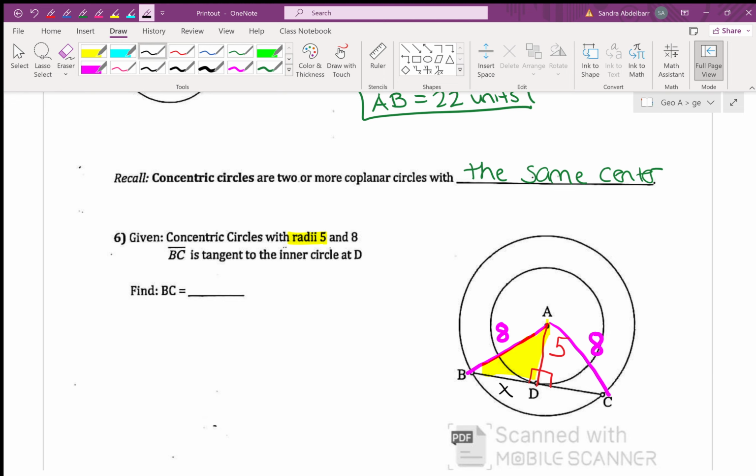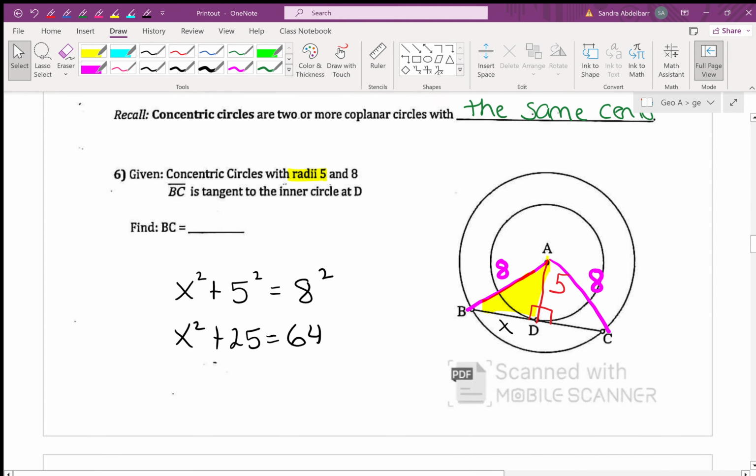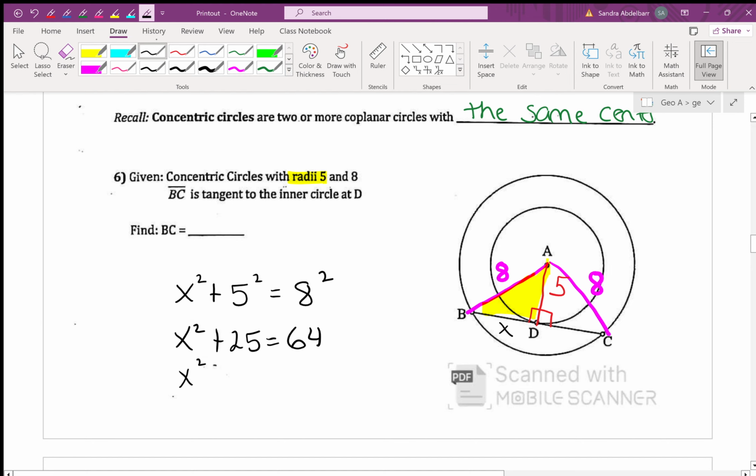Who can set up this Pythagorean theorem for me? Finn? X squared plus 5 squared equals 8 squared. You got it. X squared plus 25 equals 64. Then we're going to have x squared, subtract that 25.